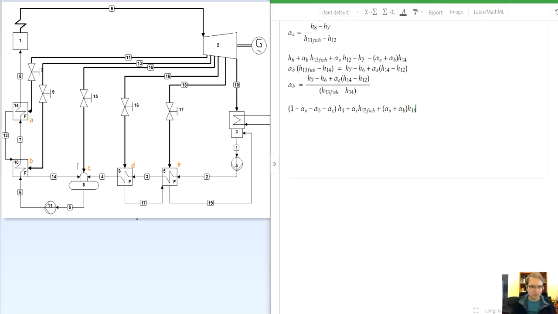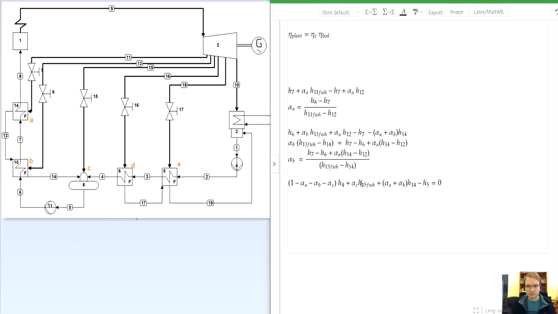So these were the three inlets, and we have only one outlet where the mass flow rate is already 1. It's the same mass flow rate as we had here in the stream number 8, so minus H5, and this equals 0. Oh, and I forgot also, of course, this equals 0 and this equals 0.